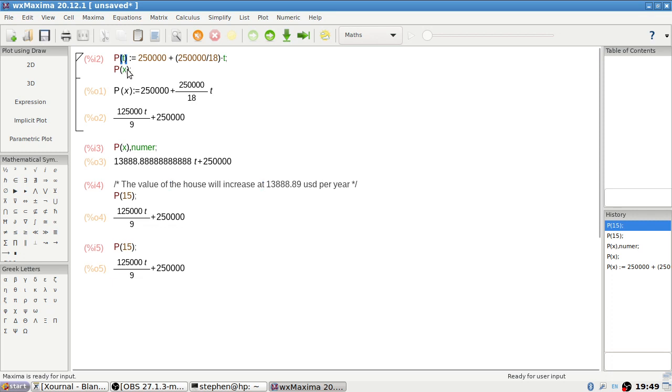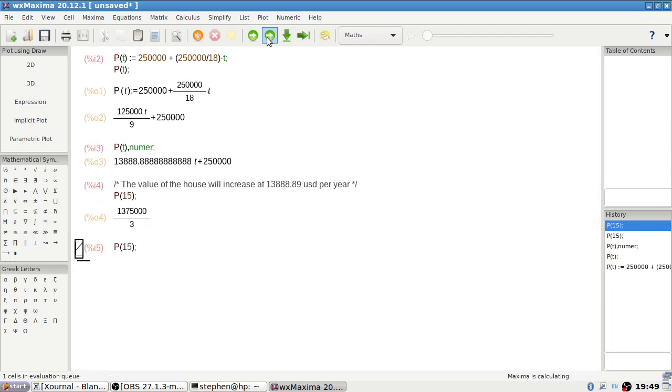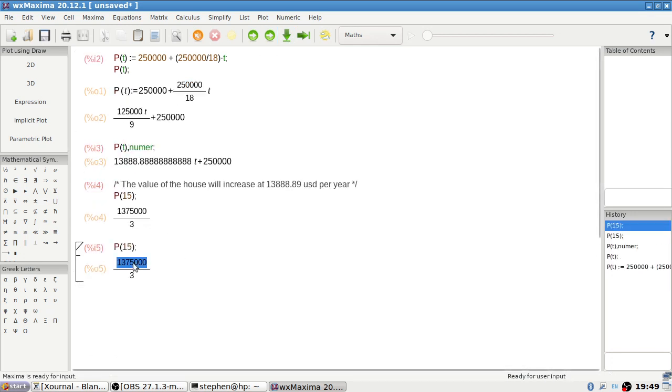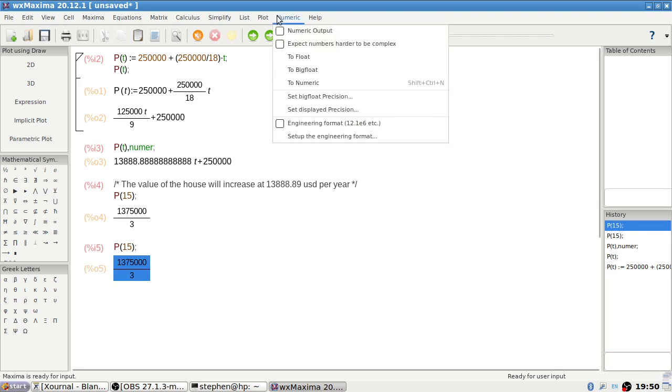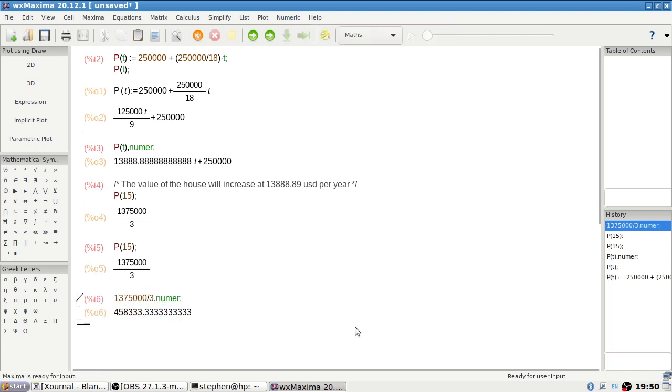Mixed up X and T. There we go. 458,333. That looks okay.